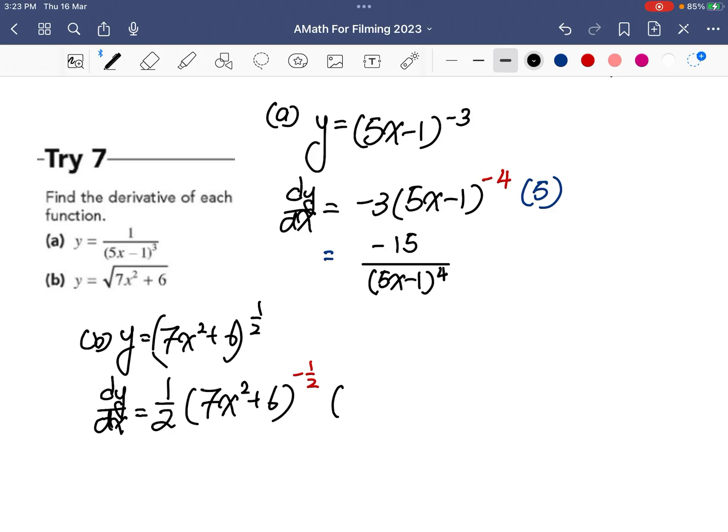If I differentiate inside the brackets, what I will get here is 14x. So if you simplify everything, or make it look a bit neater, what I'll get here is half times 14x is 7x over the square root of 7x squared plus 6.